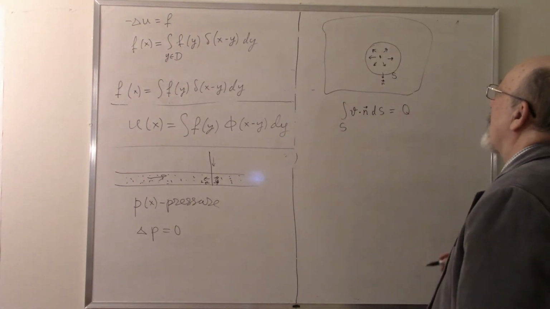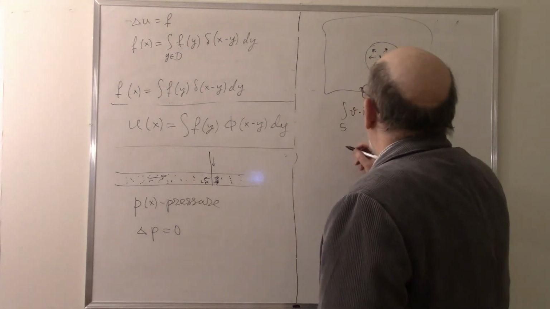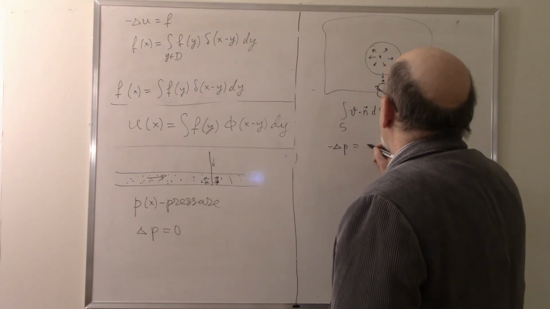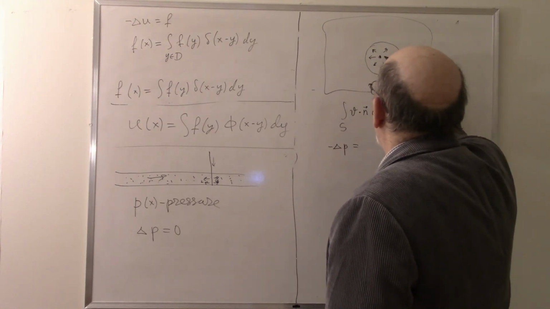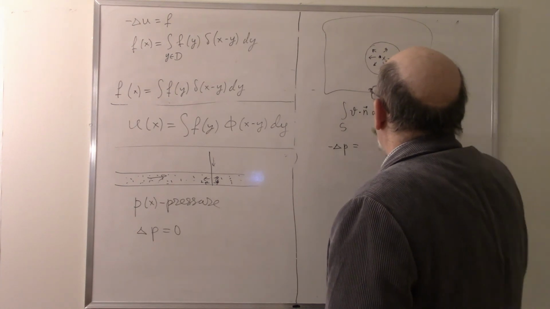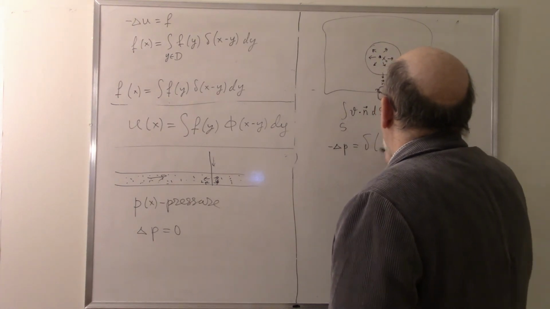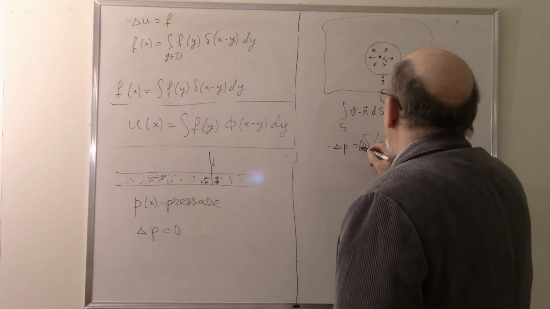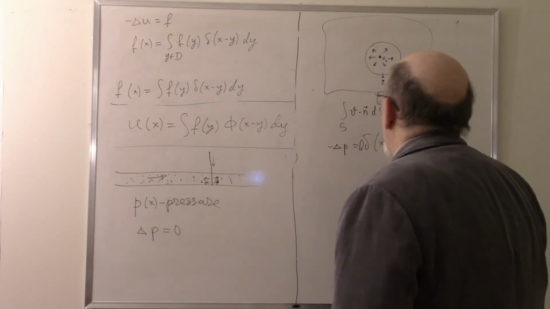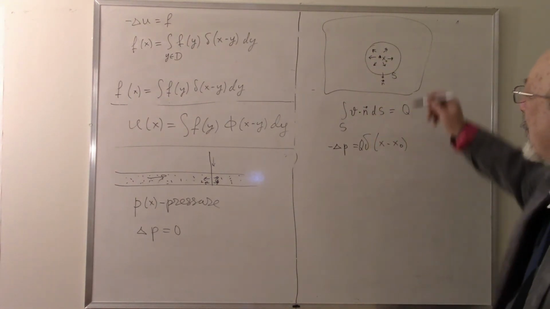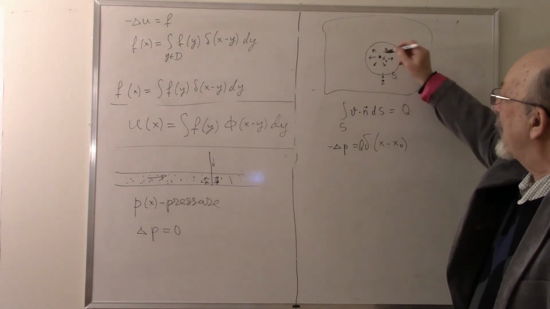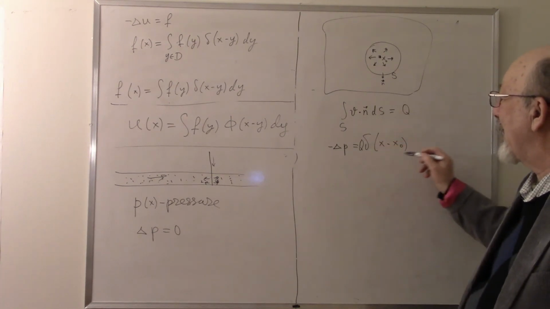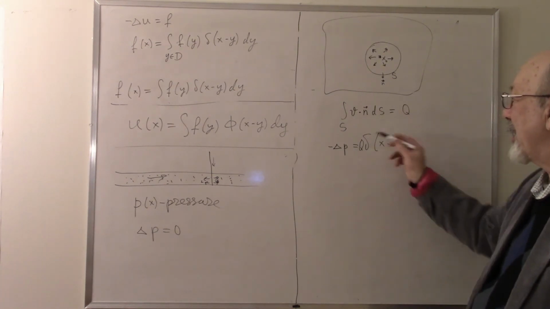It is not 0. And so we have the equation minus delta P equals delta of x minus x0 times Q, where x0 is the well point. So each source of water gives you this delta-like term in the right-hand side.